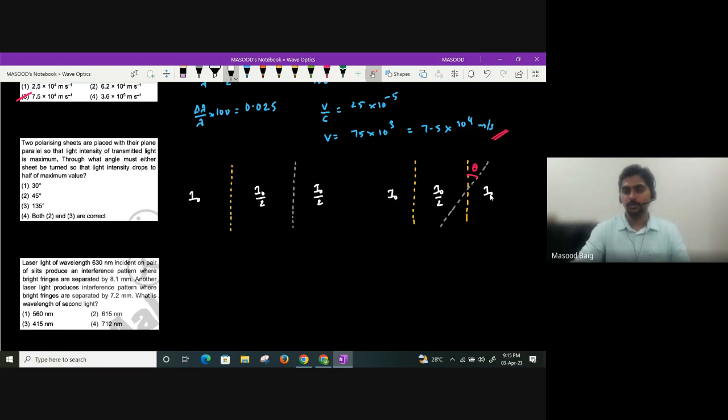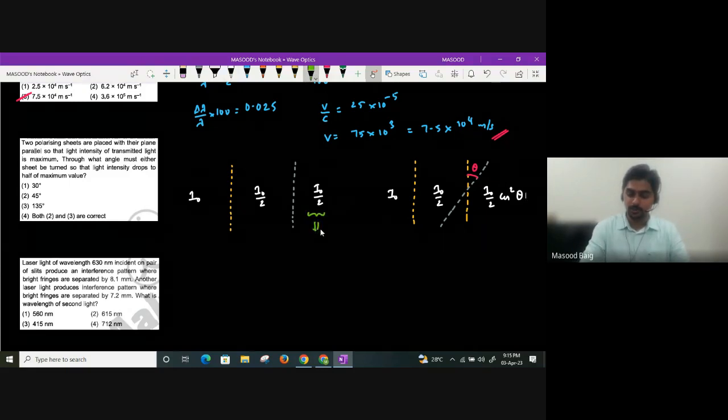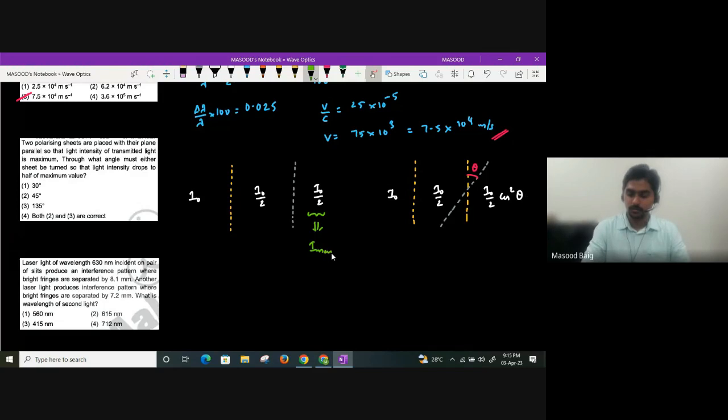Here I'll get I naught by 2 cos square theta. How much is maximum intensity here? This is our maximum intensity. Yes or no? Now they are asking, by what angle should one of the sheets be rotated such that the resulting intensity is half of the maximum value? It is I max divided by 2 they are asking.